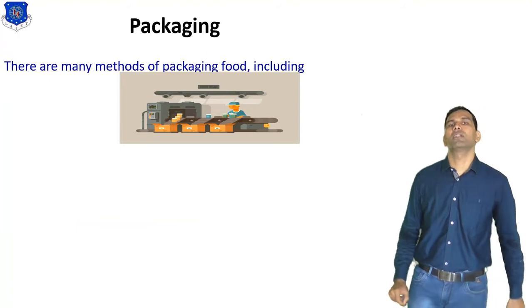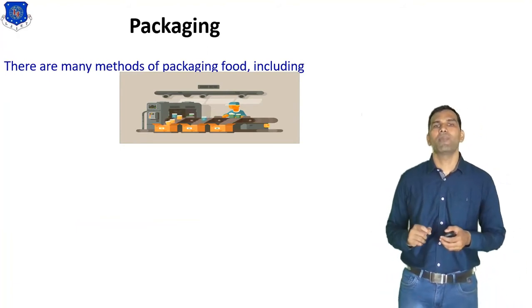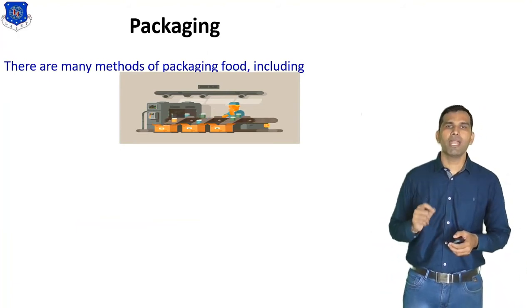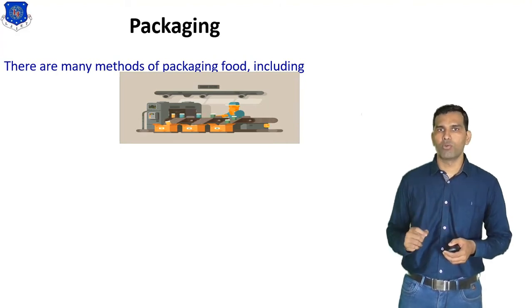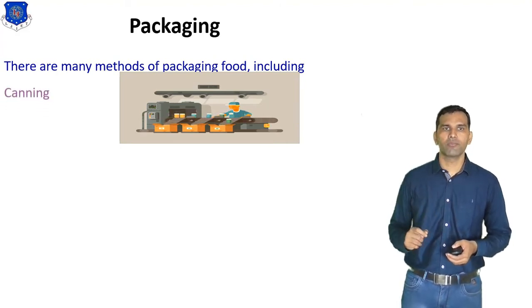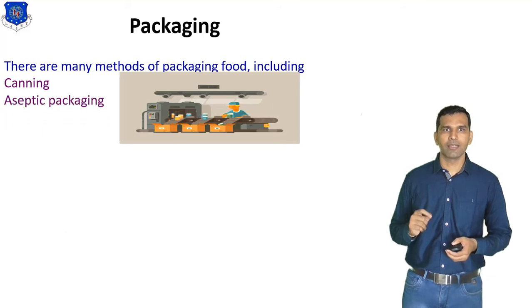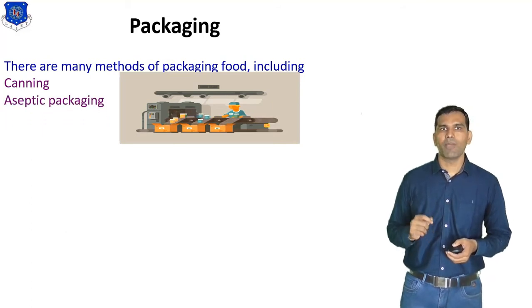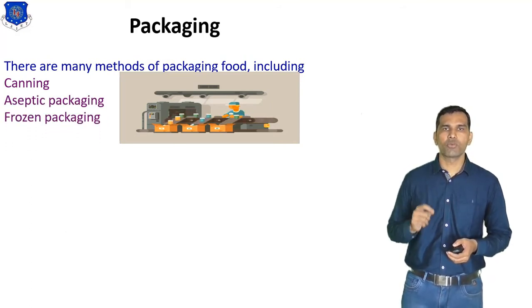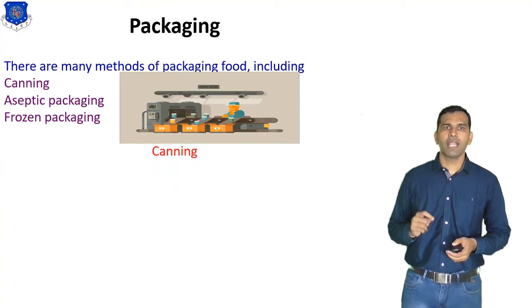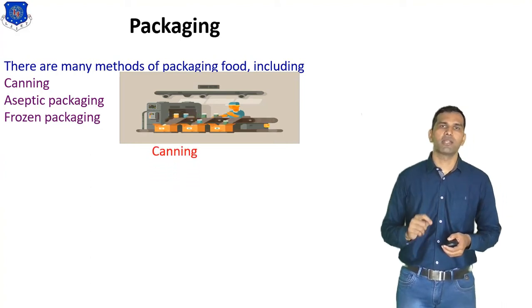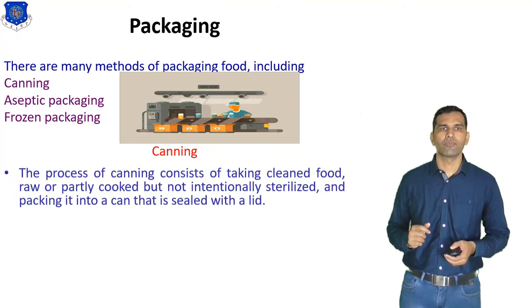Now we discuss the last method, that is the packaging method. There are many methods of packaging food, including canning, aseptic packaging, and frozen packaging. Now we discuss the first method, the canning method.